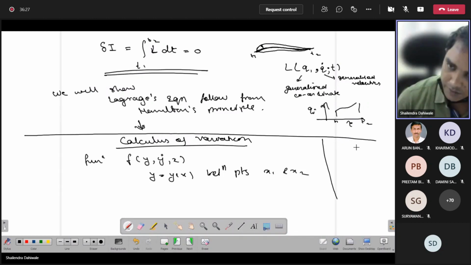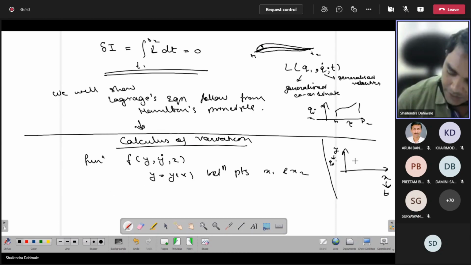So here I have a functional. In this case, x is playing the role of t, and the qi's are played by this y.